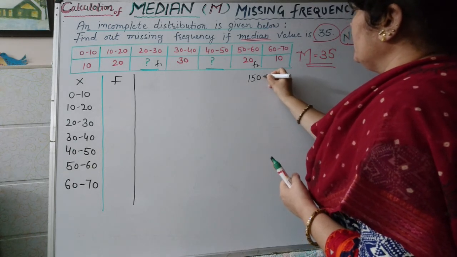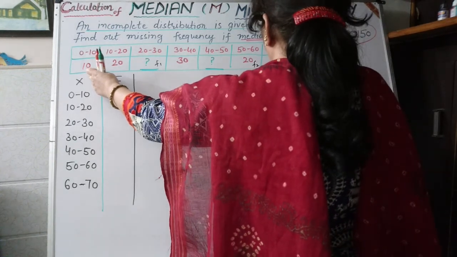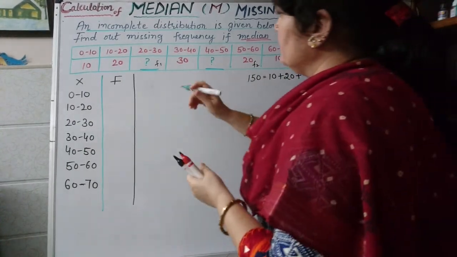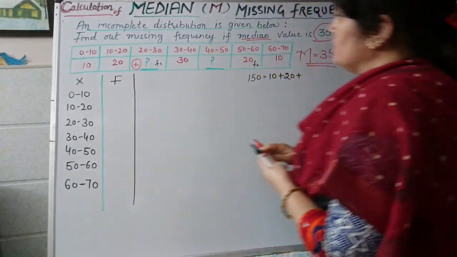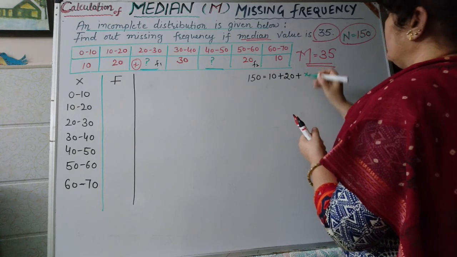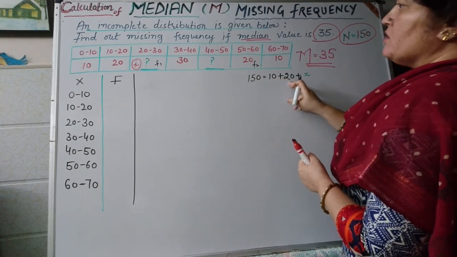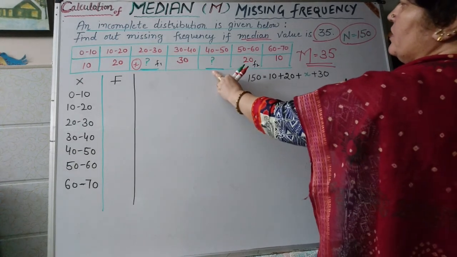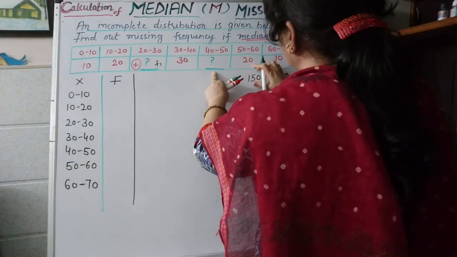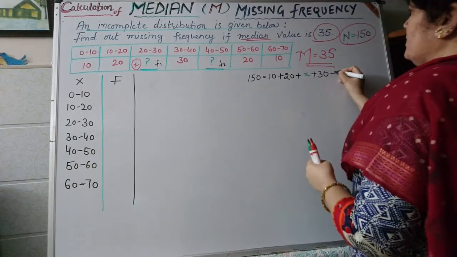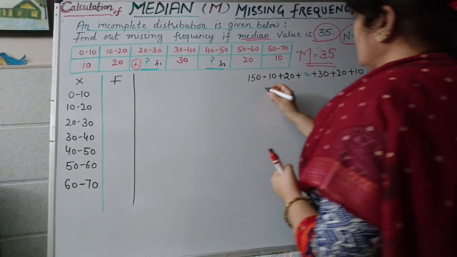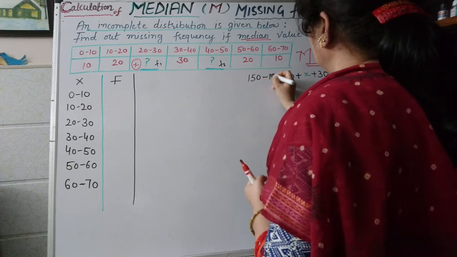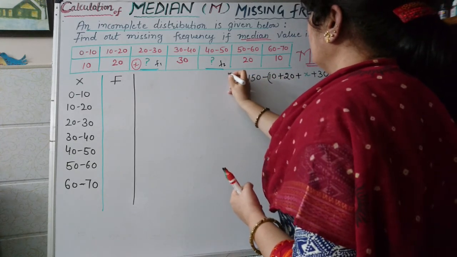So I am writing down 150 is equal to 10 plus 20 plus, and let us assume that I am putting small x instead of F1, this is the value of x, 10 plus 20 plus 30, and this is the value of F2, plus 20 plus 10.